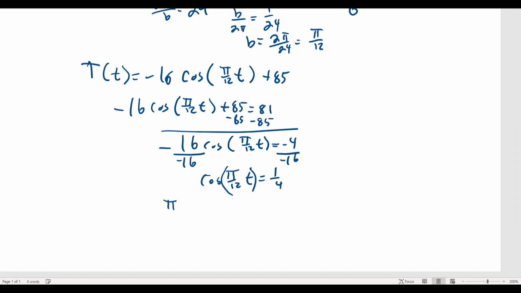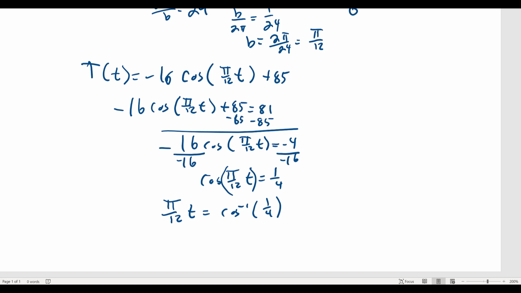So that means pi over 12 times t equals cosine inverse of 1/4. Okay, let me get on my handy dandy calculator. What is cosine inverse of 1/4?